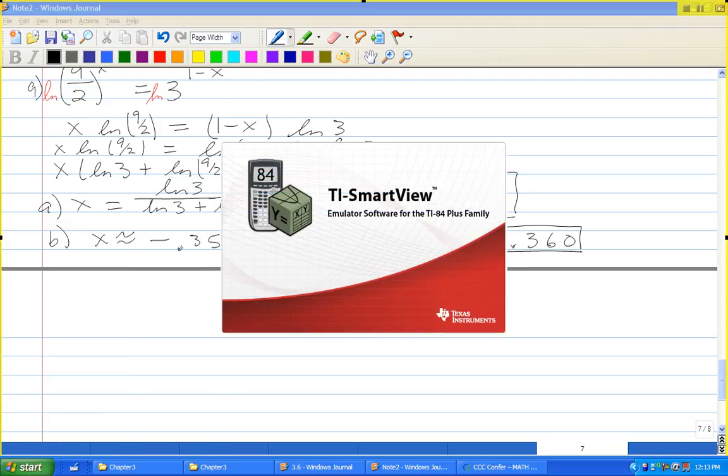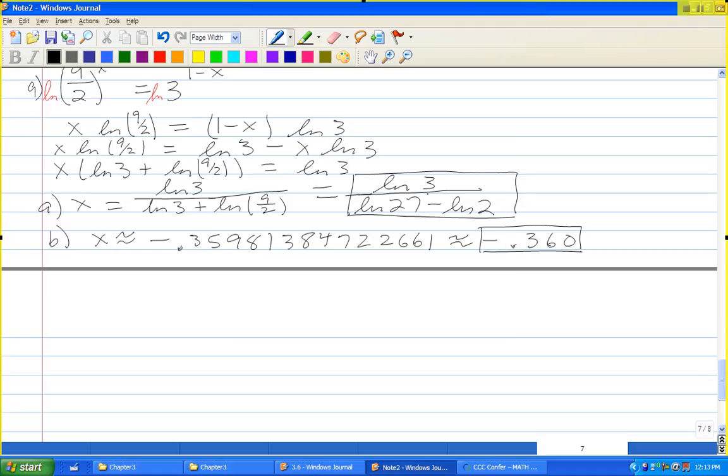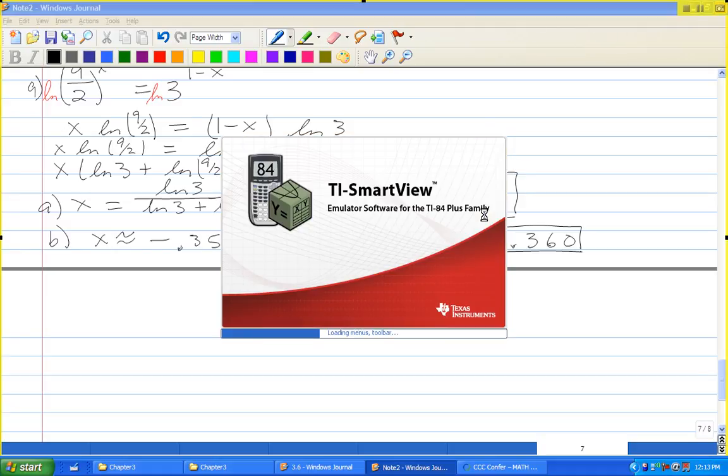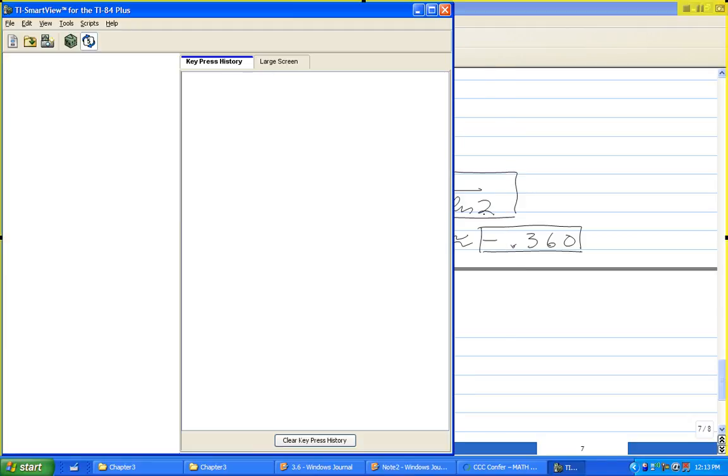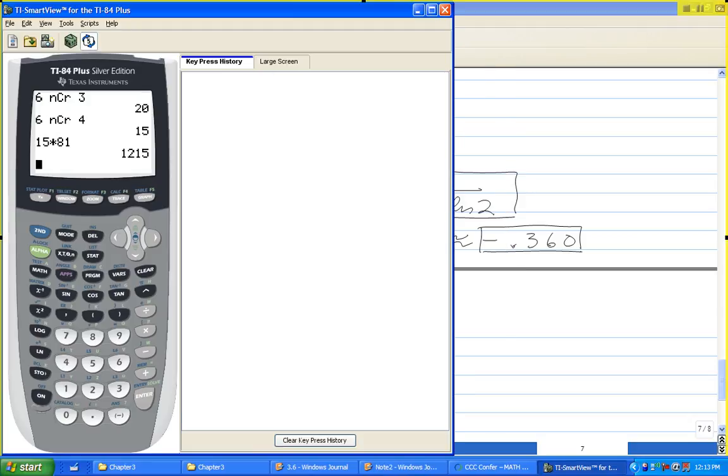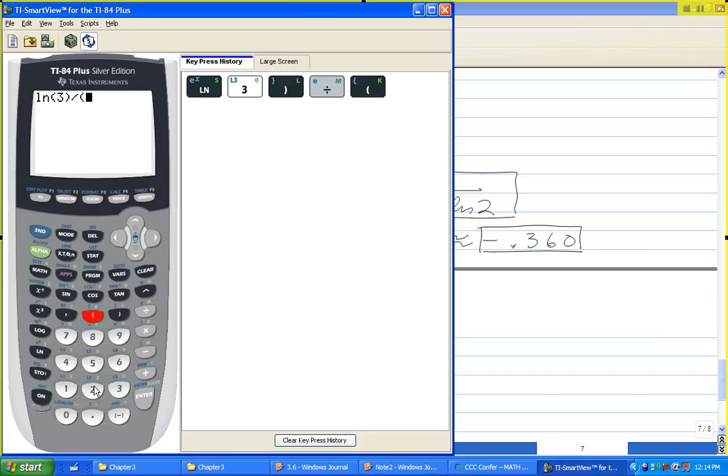So it's ln 3 over ln 27 minus ln 2. Okay, so ln 3 divided by ln 27 minus ln 2.